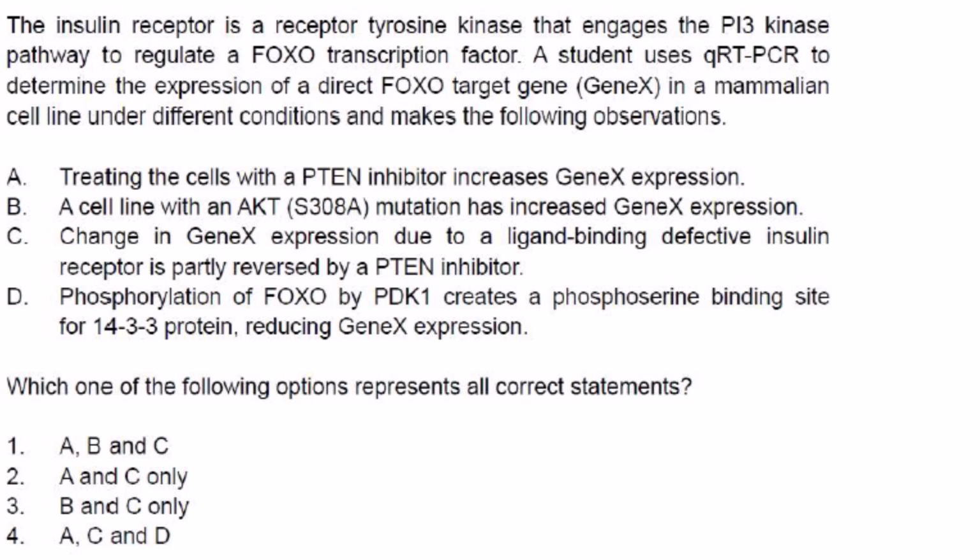A student uses QRT-PCR to determine the expression of a direct FOXO target gene, gene X. Here the student is using quantitative real-time PCR to determine the expression of gene X, which will be bound by the transcription factor FOXO.